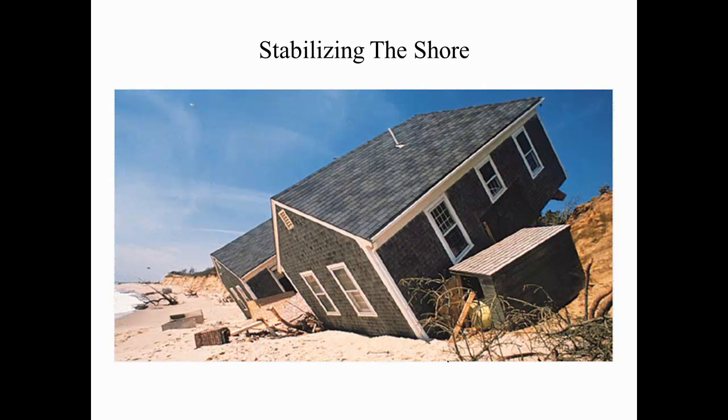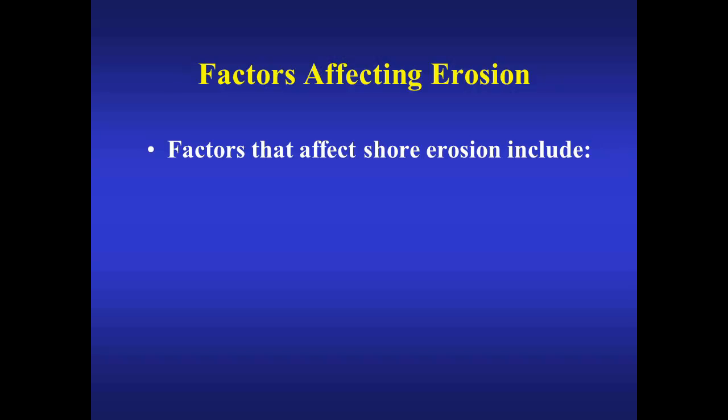Now, coastal areas that are undergoing erosion have serious problems, as shown in the photograph. And so it's important to try to stabilize the shore any way we can. Factors that affect shore erosion include such things as proximity to sediment-laden rivers.